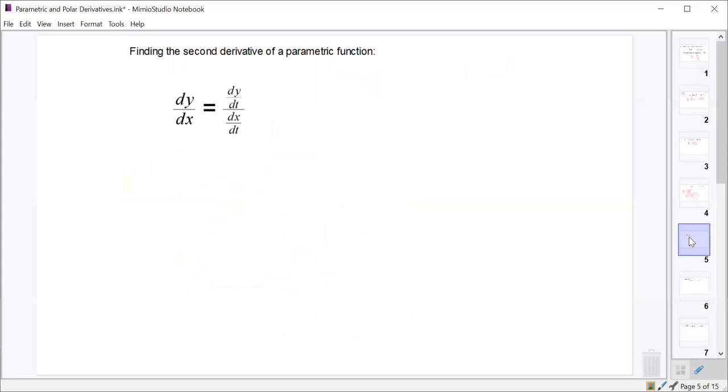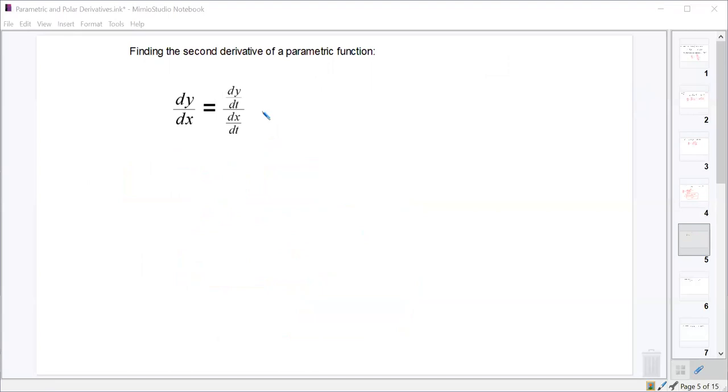Okay. Let's see if we can find the second derivative of a parametric function. So anybody have thoughts on how we're going to go about this? Yeah, so what we're doing is taking the derivative of our original derivative, right?